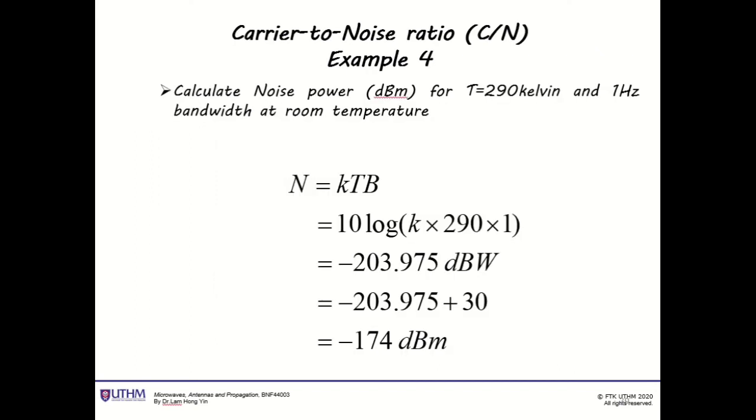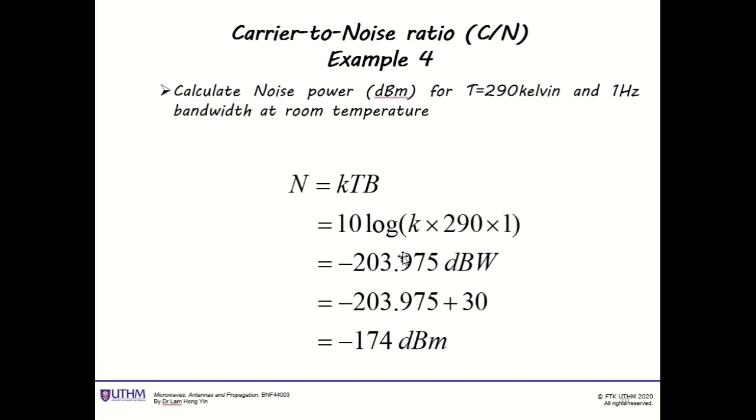So let's look at the example for the CNR. Calculate the noise power for T equal to 290 Kelvin and 1 Hertz bandwidth at room temperature. So N equal to KTB. K is the Boltzmann constant, T is the temperature in Kelvin, and 1 is the bandwidth in Hertz.